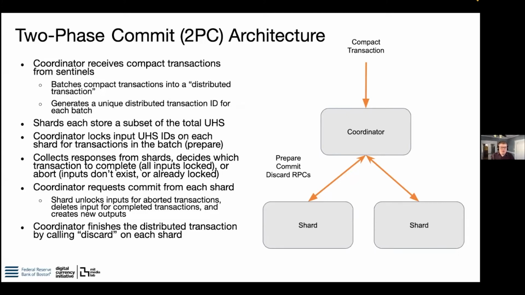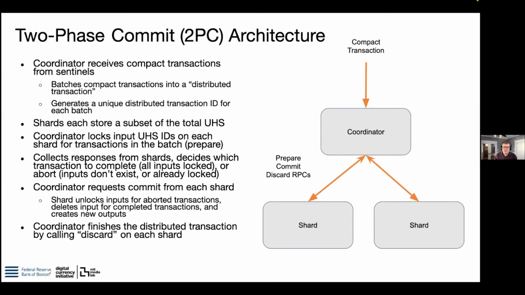Alternatively, if one of the input UHS IDs couldn't be locked because it's already locked by another transaction, or it simply doesn't exist to be spent, the coordinator will find that out when it tries to lock the UHS IDs and subsequently abort the transaction when it realizes it can't complete, by telling the shards to unlock all of the input UHS IDs they've locked for that particular transaction.